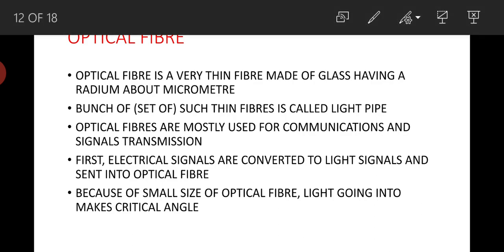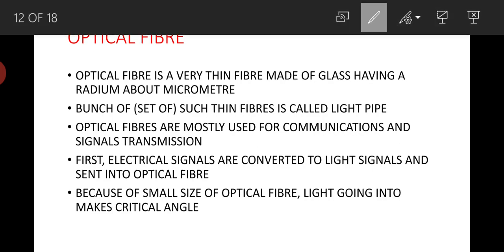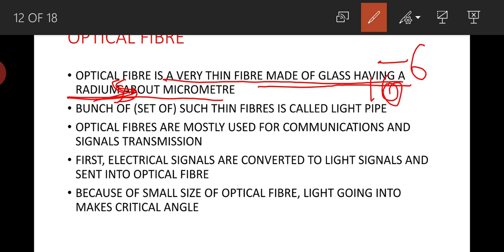Now let us see a very important example, optical fibers. An optical fiber is a very thin fiber made of glass having a radius of about a micrometer, that is, around 10 power minus 6 meters.